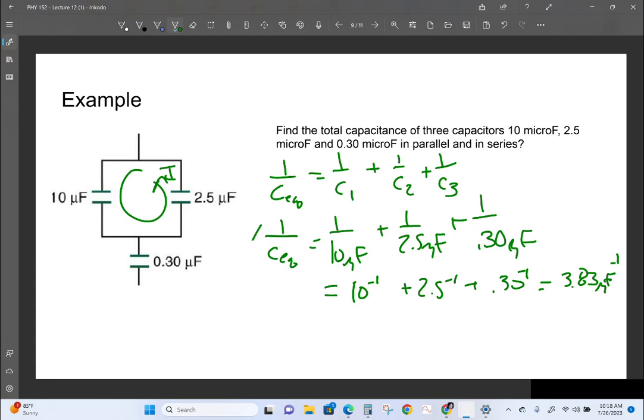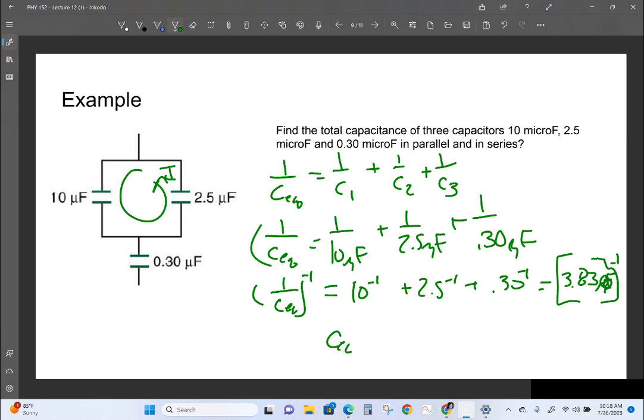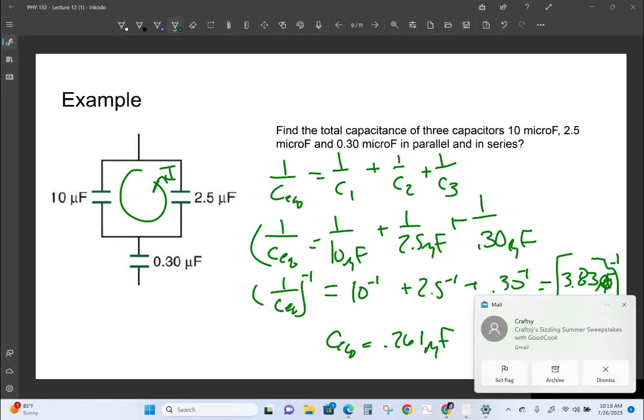And remember that in order to get CEQ, I'm going to have to take the inverse of that. So if I take the inverse, I get 0.261. So CEQ is 0.261 microfarads, or 0.261 e to the negative 6 farads.